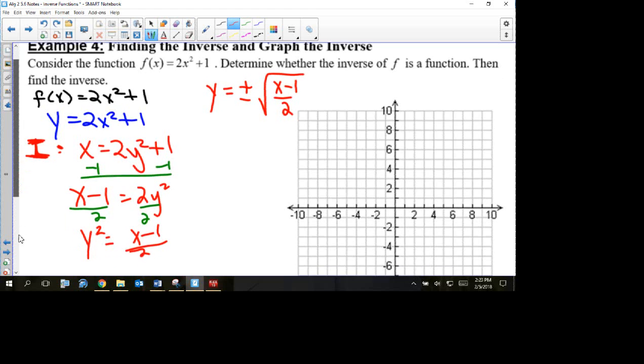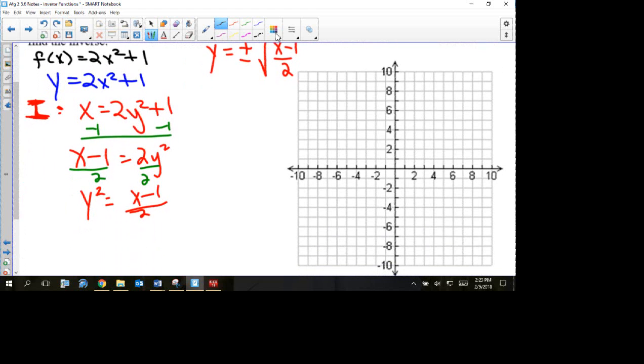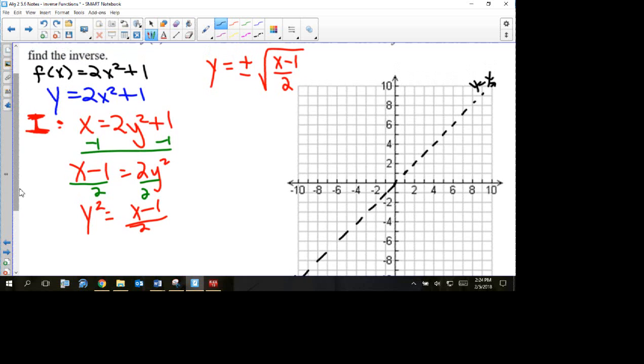Start with the y equals x line. And to graph 2x squared plus 1, I used tables before to do that.